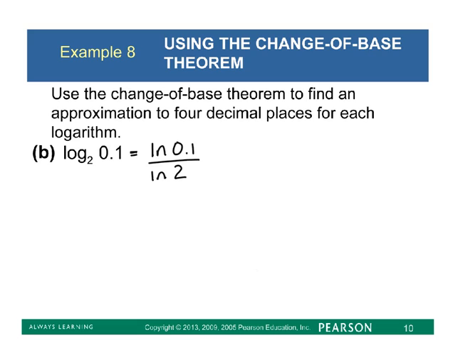This will give us the same value as log of 0.1 over log of 2. Those will give us the same exact values. And that is approximately, let me see what my calculator says, negative 3.3219.